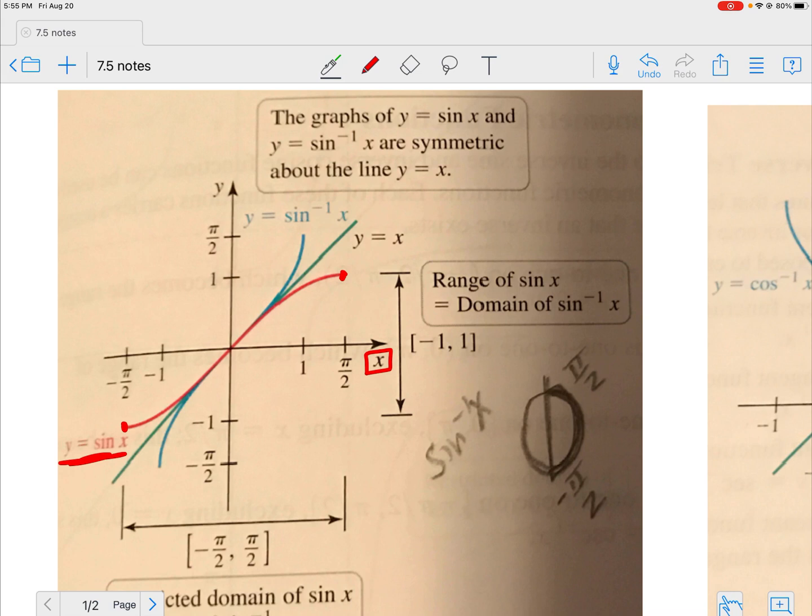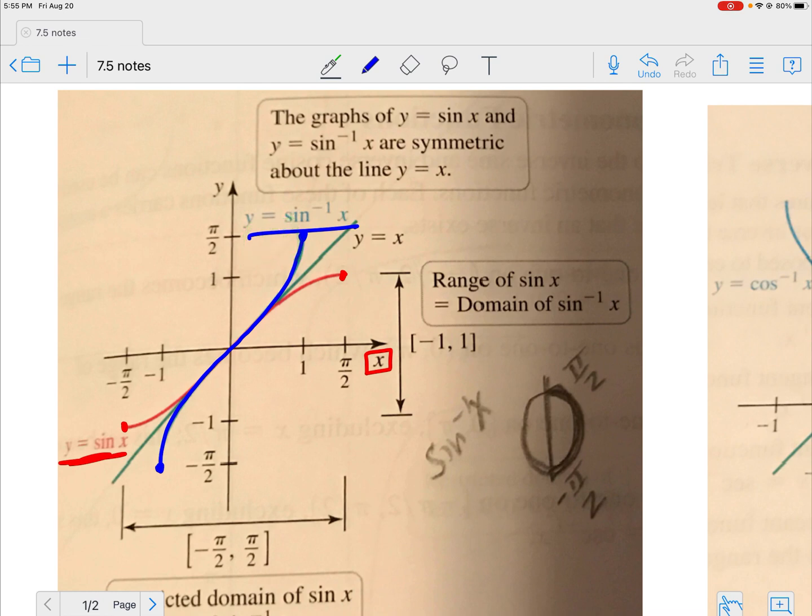All right. Then we have our y equals x line, right? So my inverse function goes from here to here. So I've got inverse, and it's going to come right on up like that. Remember, we talked about also with our inverse functions, whatever this point is, you swap those x's and y's. So if I have the coordinate point here, which is pi over 2, 1, my coordinate point over here is 1, pi over 2.